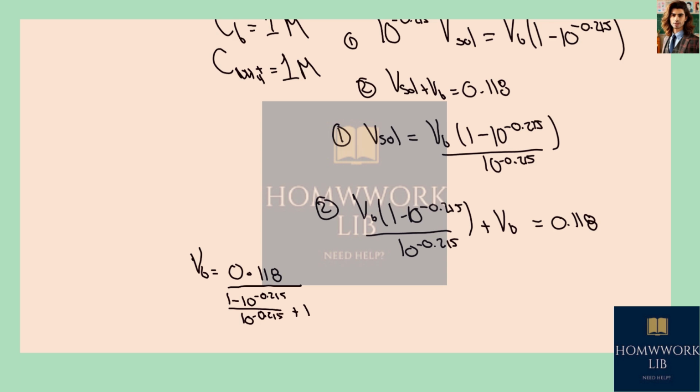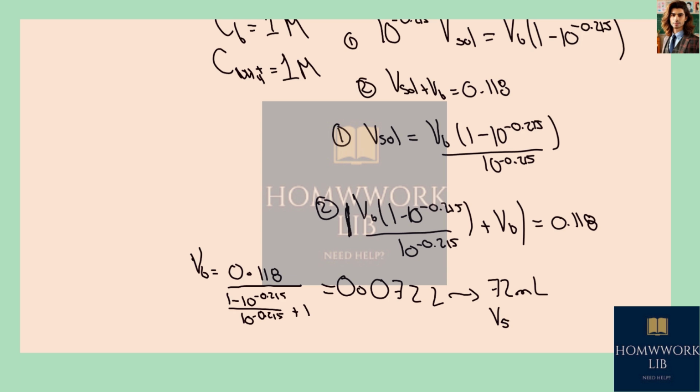This comes from factorizing volume of the buffer in this equation from this part and solving for this. So the volume of the buffer would be 0.072 liters, which corresponds to 72 milliliters.